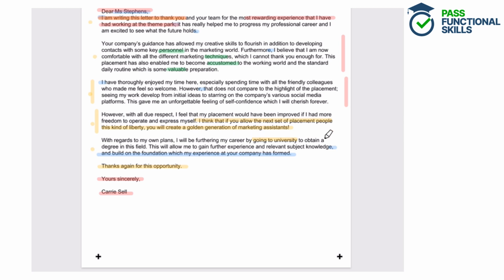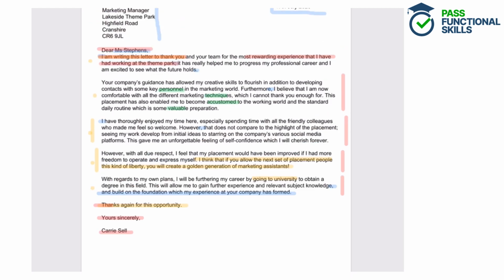In the fourth paragraph, we have some constructive feedback about the work placement. And then finally, we've got an explanation of the future plans and another example of where they've thanked the manager for the placement. So all of these paragraphs follow on from each other effectively, making the answer cohesive.